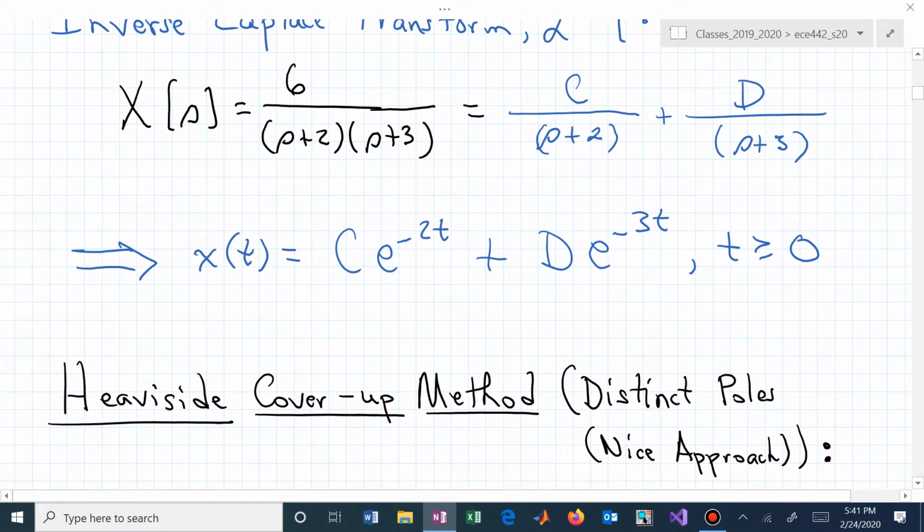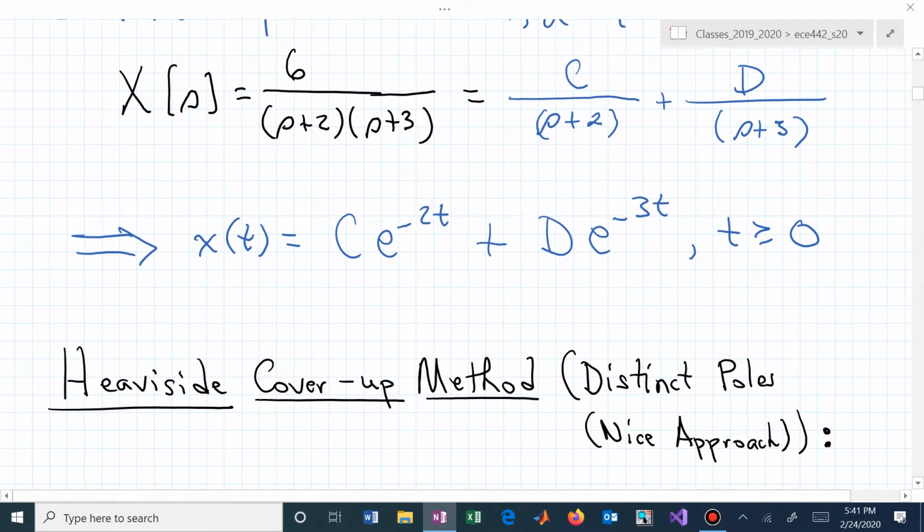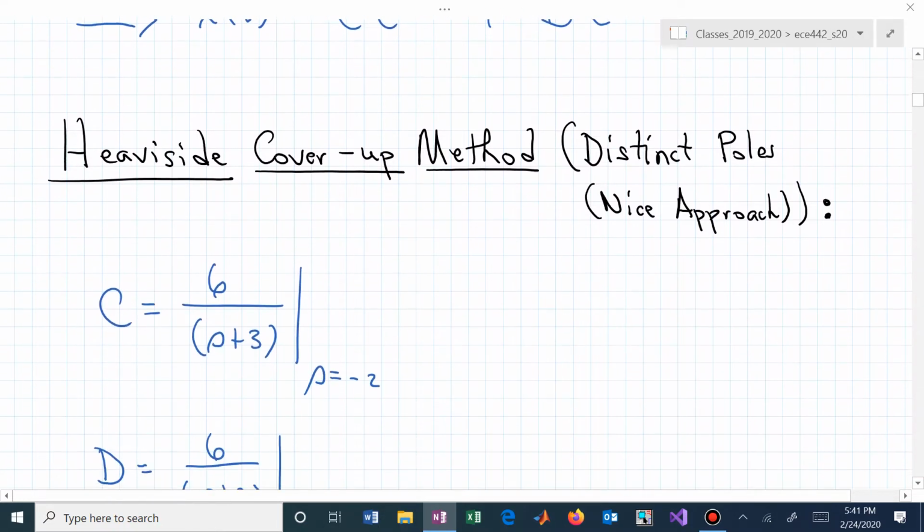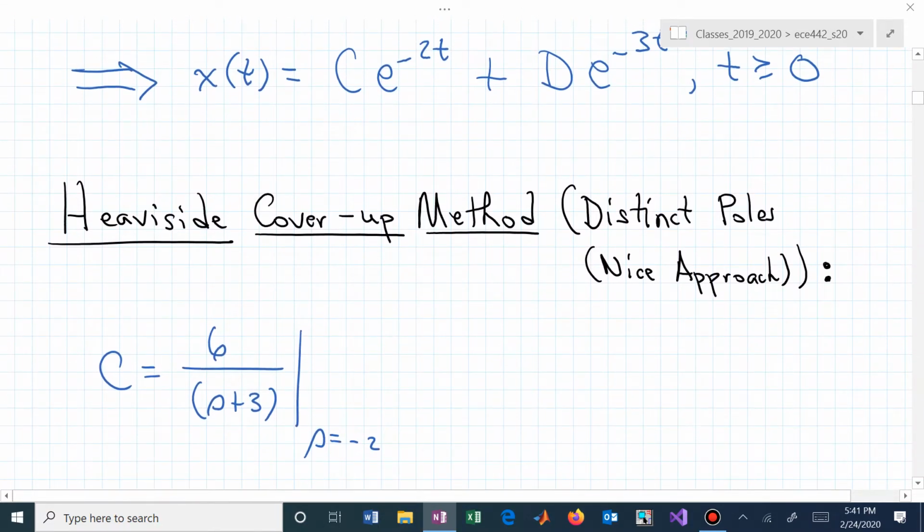If we now cover up the s plus 2 factor in the denominator and evaluate that at the value of s that causes the factor that we covered up to vanish, now we end up with 6 over -2 plus 3. And I guess today I can actually compute 3 minus 2.